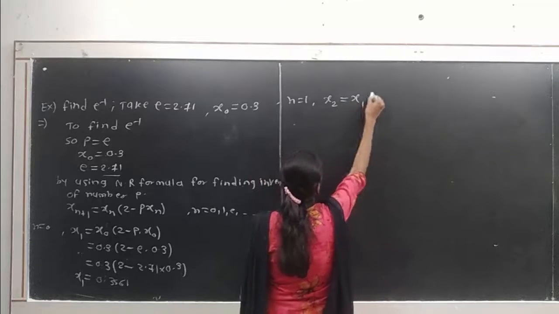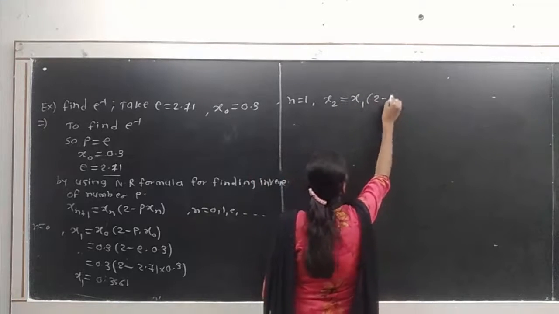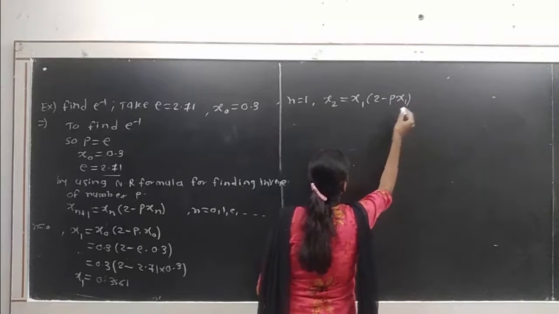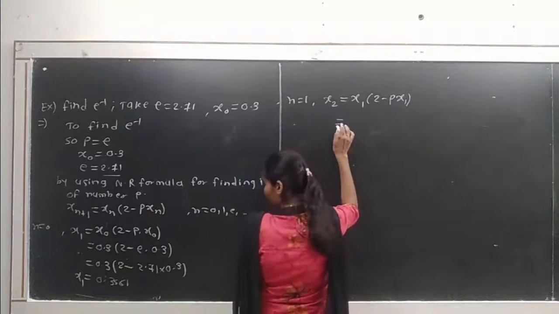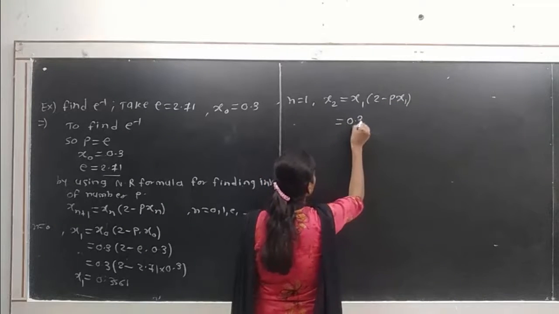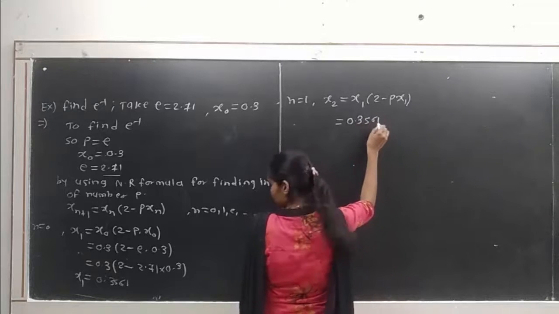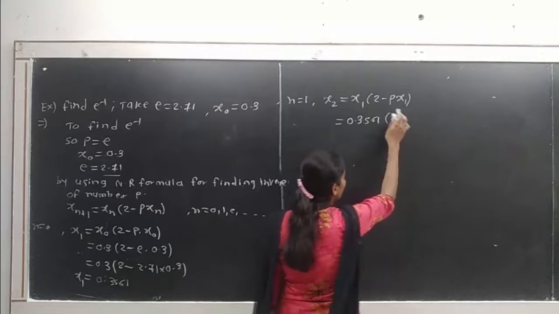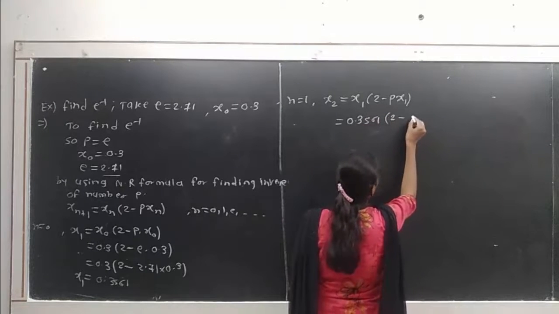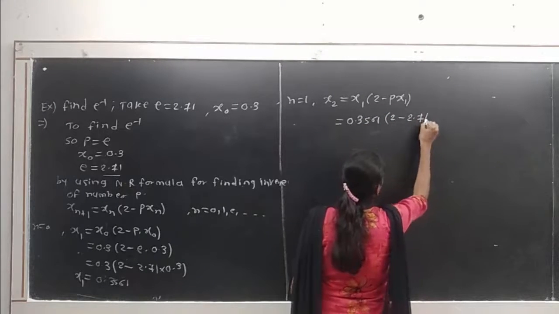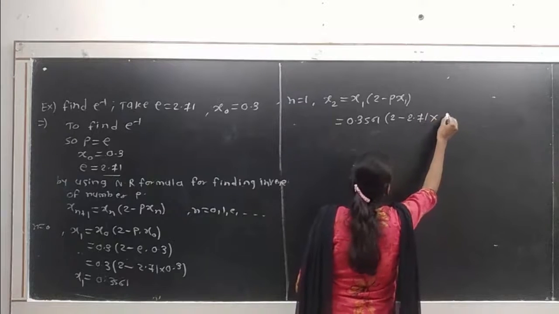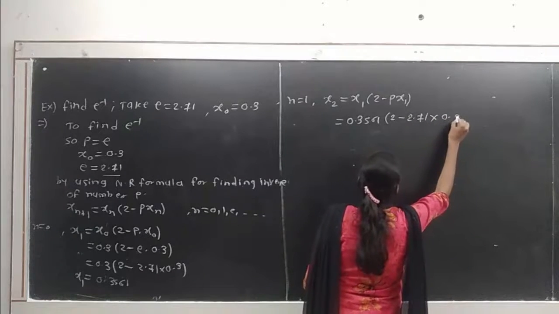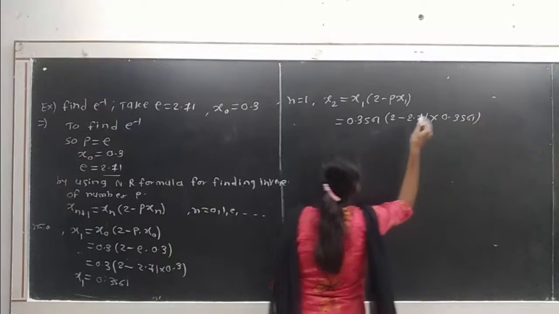Then we find the next approximation, that is for n is equal to 1, the formula becomes x2 is equal to x1 in bracket 2 minus p into x1, which is equal to 0.3561 in bracket 2 minus p, that is e, which will be 2.71 into 0.3561.